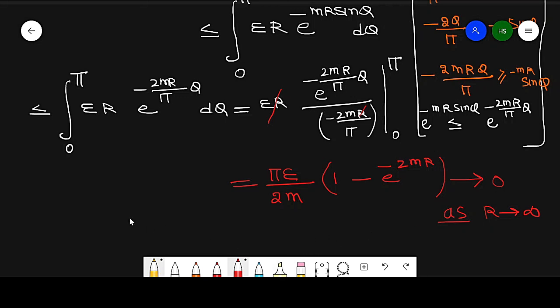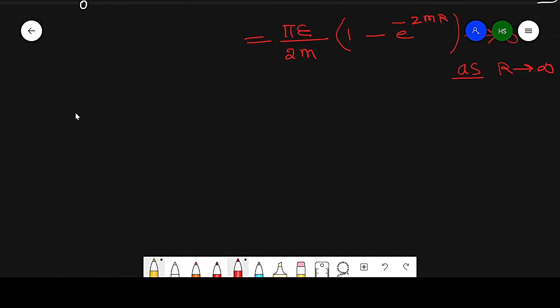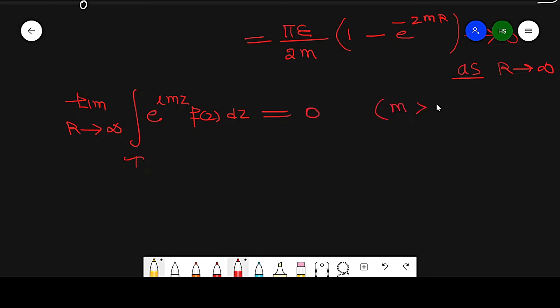If this value approaches 0, then it means the integration, with the limit r approaches infinity, around tau of e raised to power iota mz f(z) dz, is equal to 0 for m greater than 0.